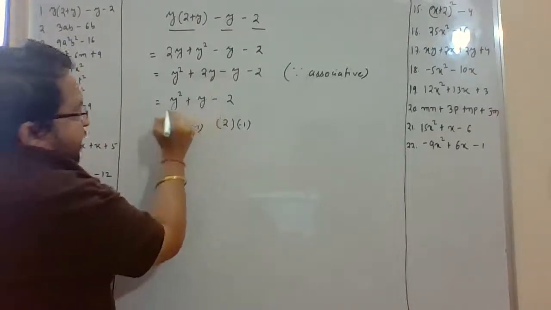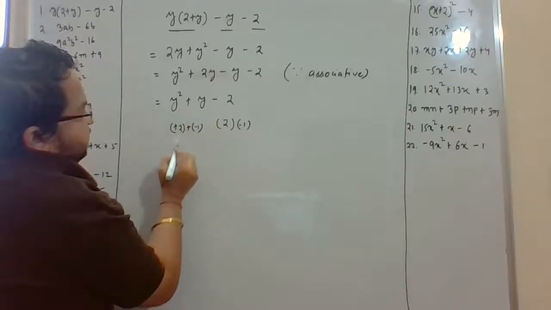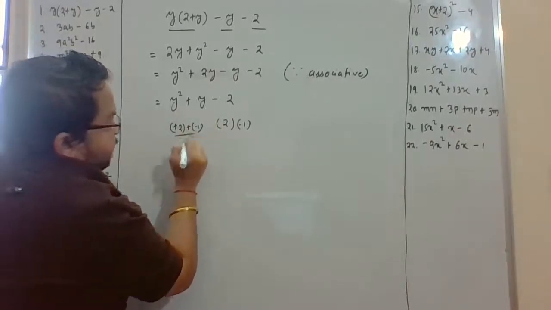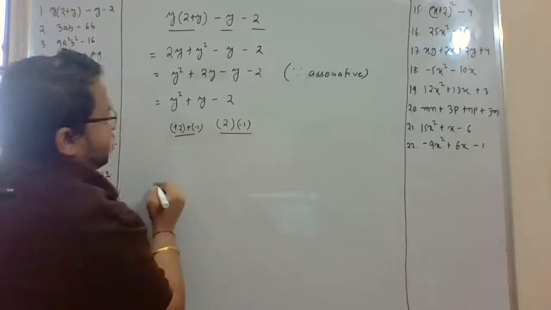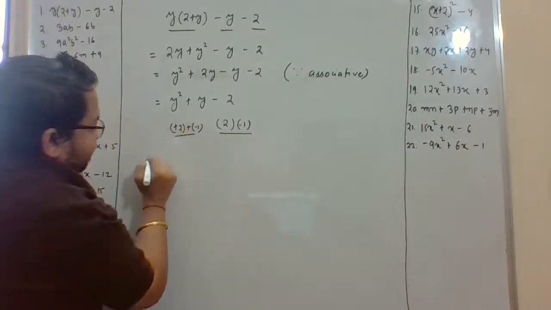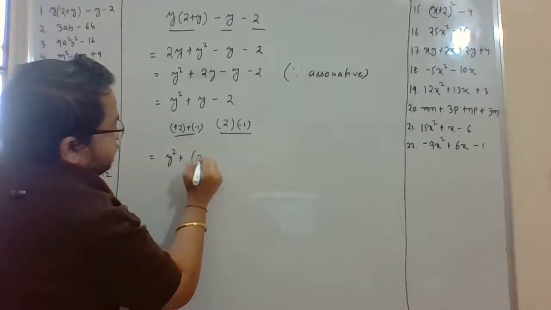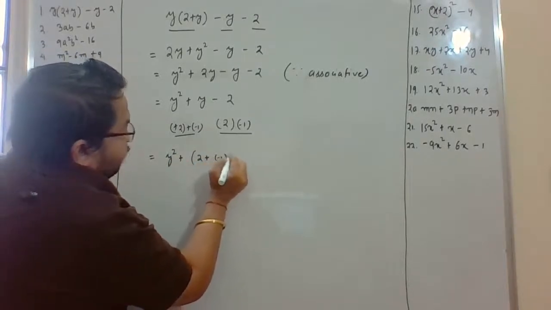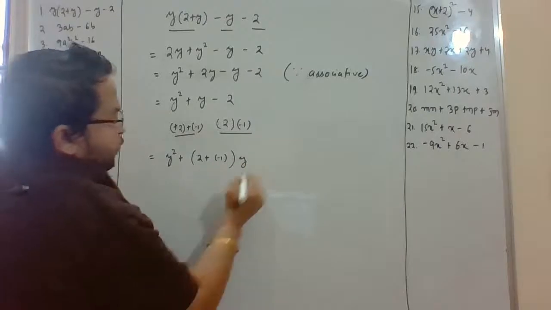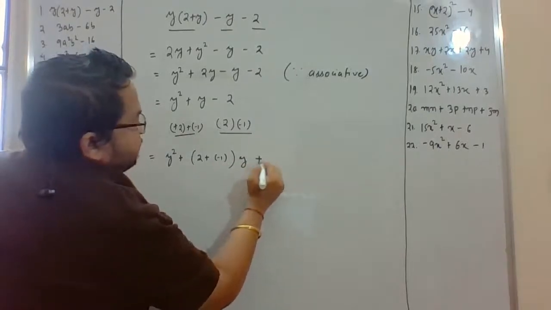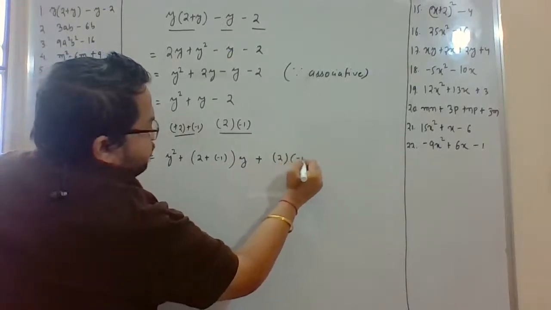So this expression can be expressed as the sum of these two and the product of these two. Which means I can rewrite this as y squared plus 2 plus minus 1 into y, plus 2 into minus 1.